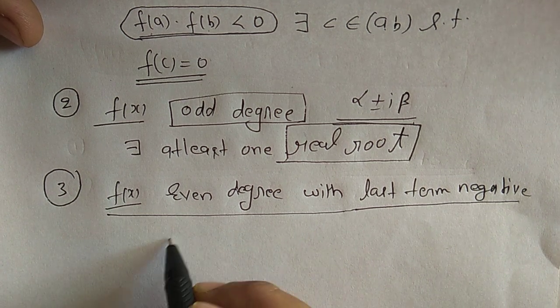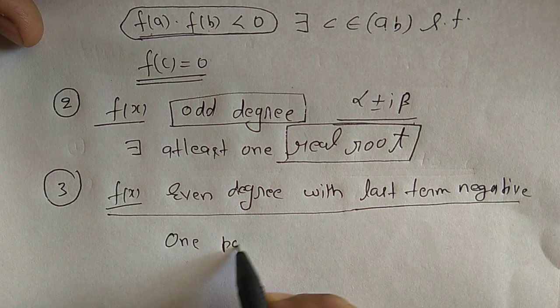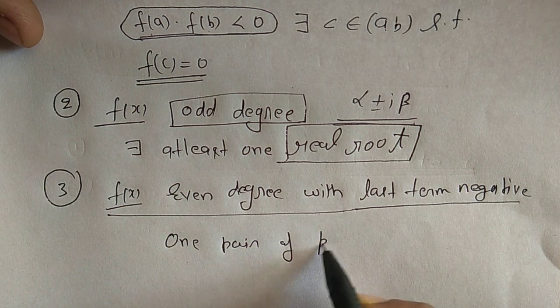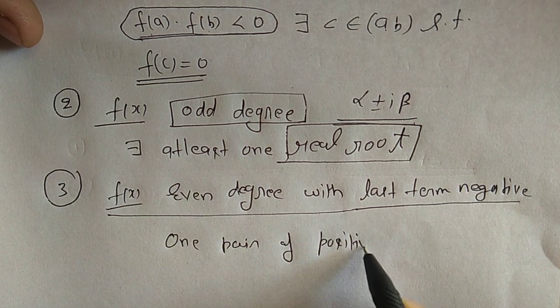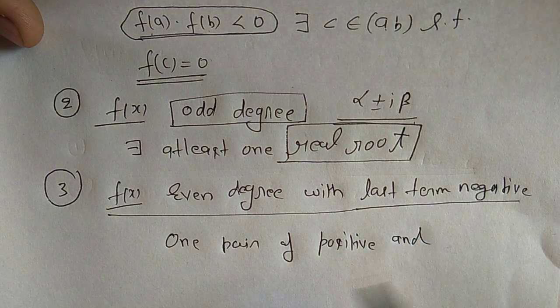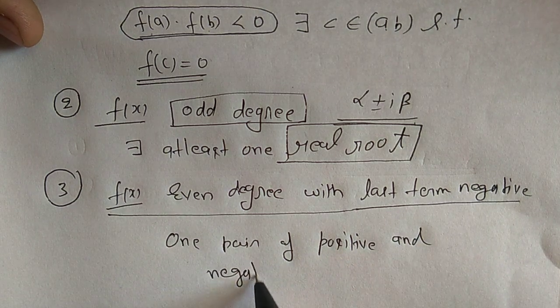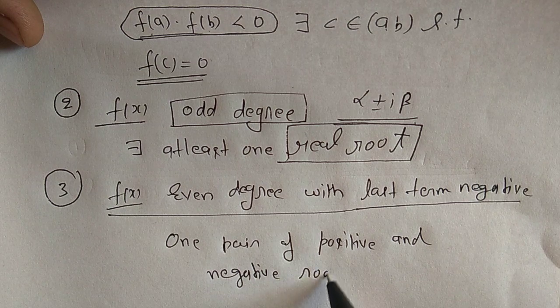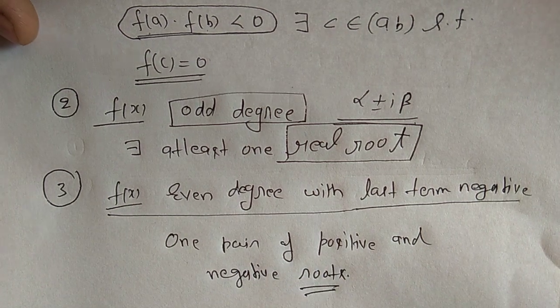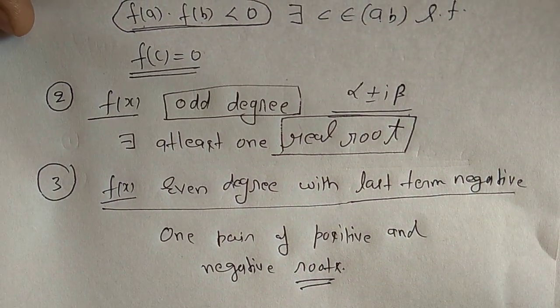So one pair of positive and negative roots. So these are the properties of roots.